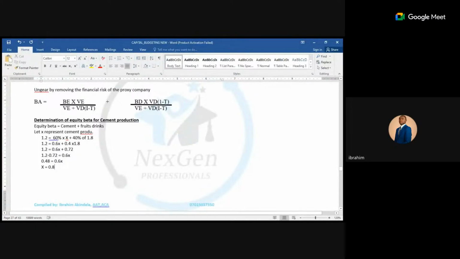So now x is equal to what, class? 0.8. So this 0.8 will be the equity beta for cement production. So we can now insert it in our formula.